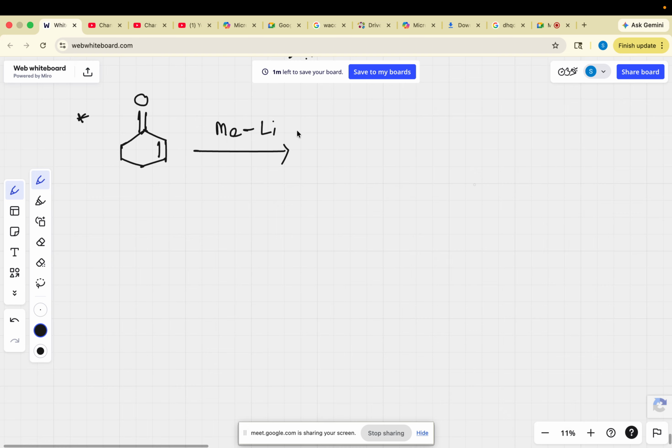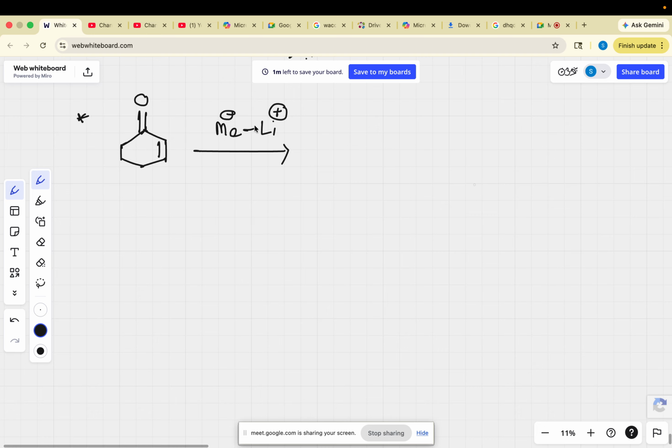Alkyl lithium we have done, no? So what will it do? Me minus will attack the double bond, 1,2 attack or 1,4 attack? What does alkyl lithium do?